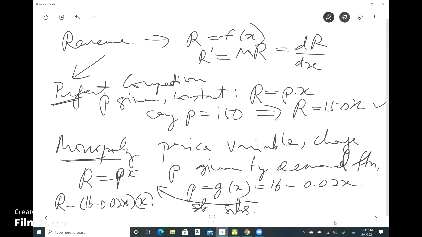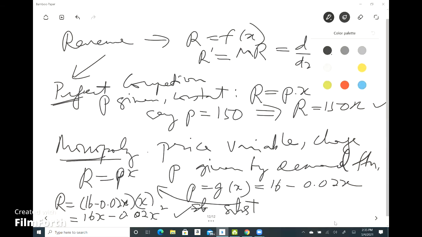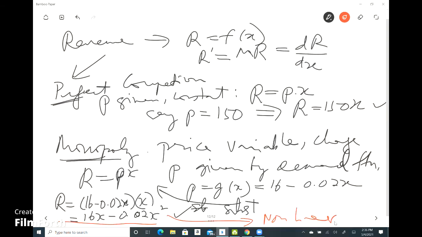So you multiply that out, we get 16x minus 0.02x squared. So that is our revenue. So you see here in monopoly, the revenue function is not a linear function. Revenue function is non-linear, because the price is not constant. The price is a variable.